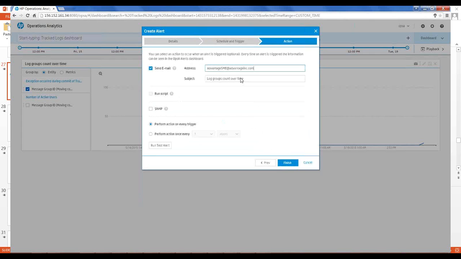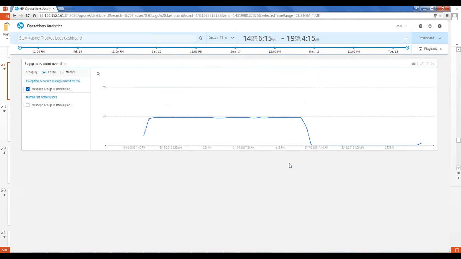We give this an address. I want to mail it to myself in case the problem occurs. If we see this cluster again, I want to send a mail on that, and that's all. So from that moment, if this problem happens again, I will know about it. So that's it for the demo.